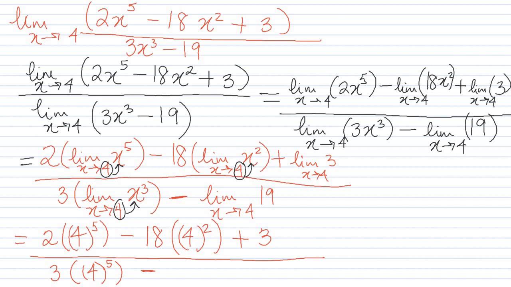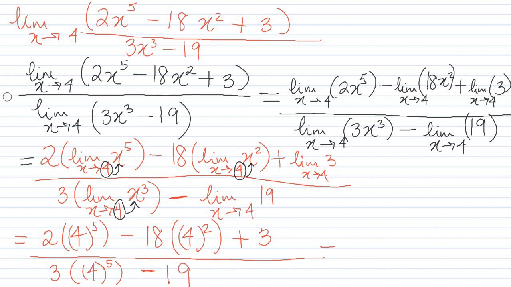The limit of 19 as x goes to 4 is what? Well, what we have is the limit of a constant as the variable goes to a particular input value, so you have that to be the constant. So you have 19 here.